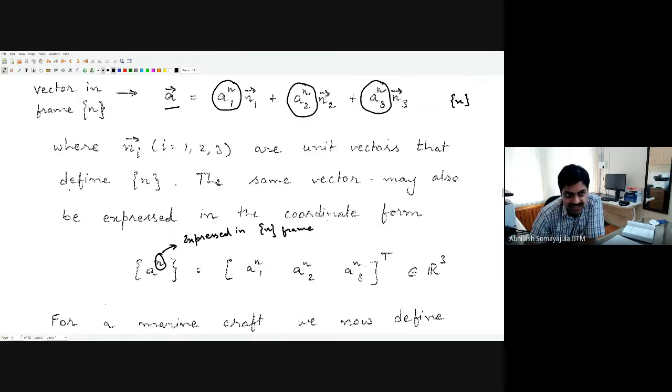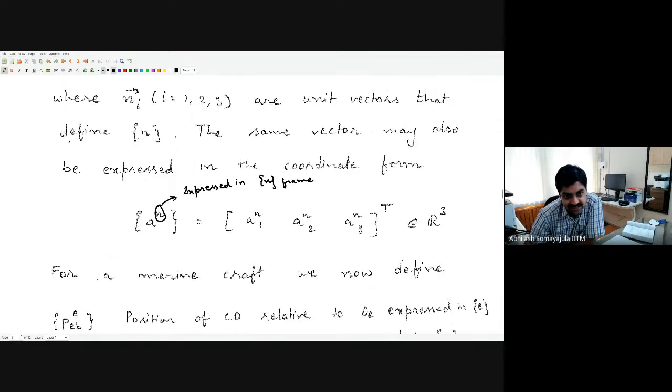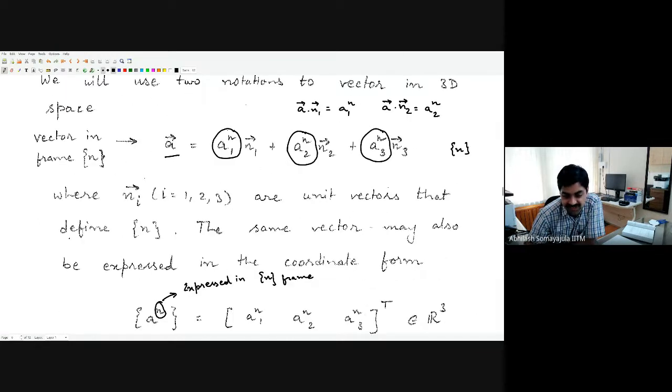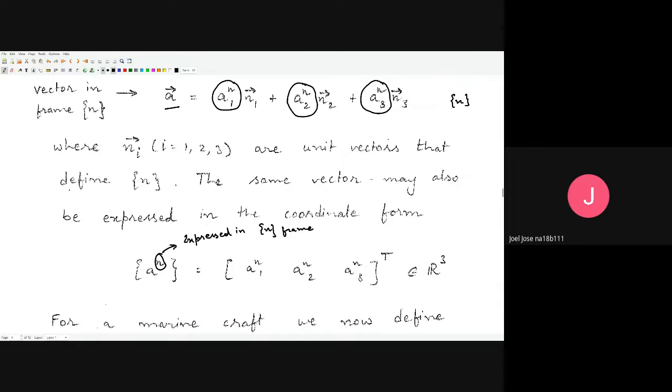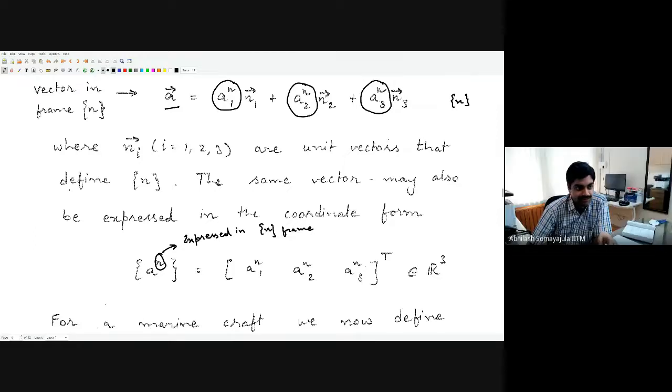We'll interchange between these notations as needed, because sometimes we'll need to take cross products, and we'll try to express those cross products as matrix multiplications. So it's easier for us to switch between these two notations, but please understand that they have the exact same information in them. There is no extra information in one form compared to the other. Is everybody with me? Yes. Okay, fantastic.